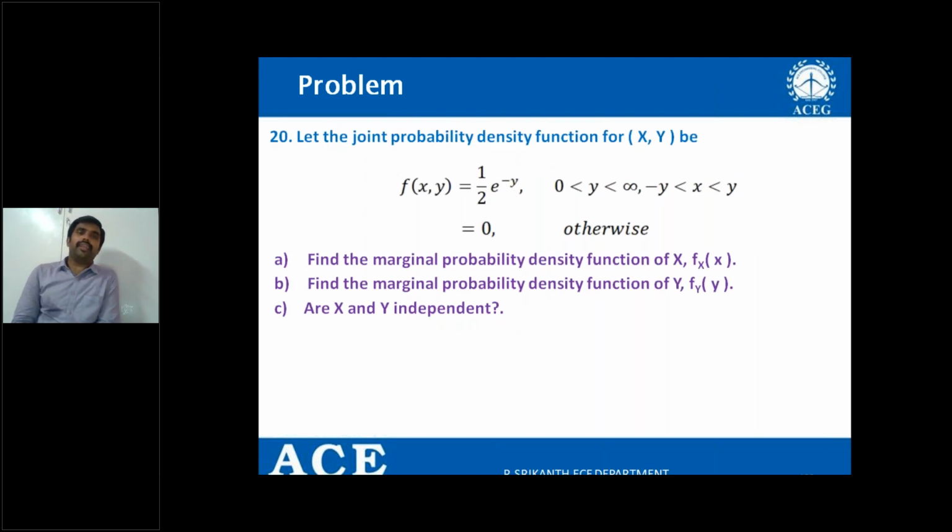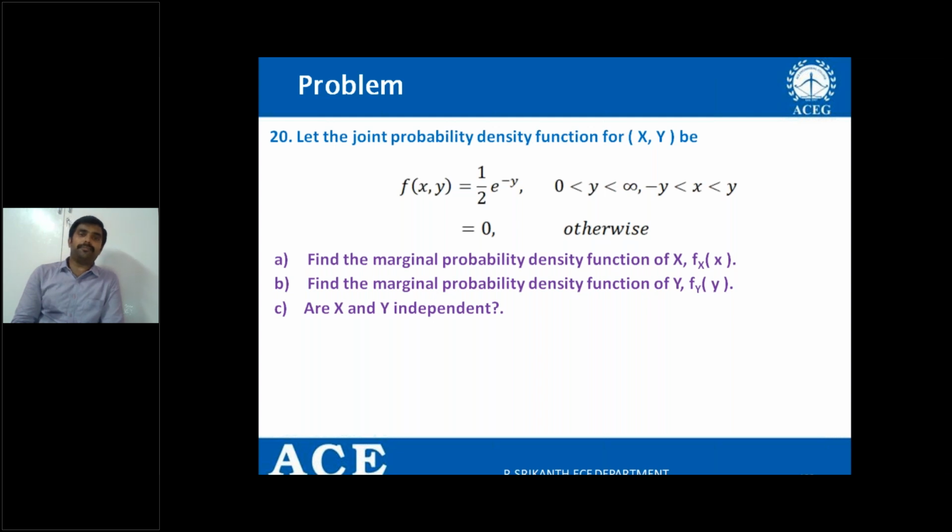Let the joint probability density function for x comma y be f(x,y) equal to 1 by 2 into e power minus y. Observe very carefully here: in the interval 0 less than y less than infinity, and the limits for x are minus y less than x less than y, and equal to 0 otherwise.